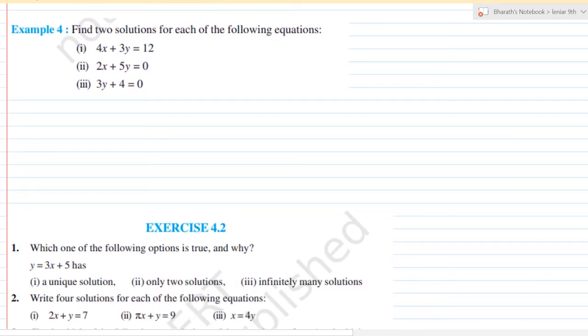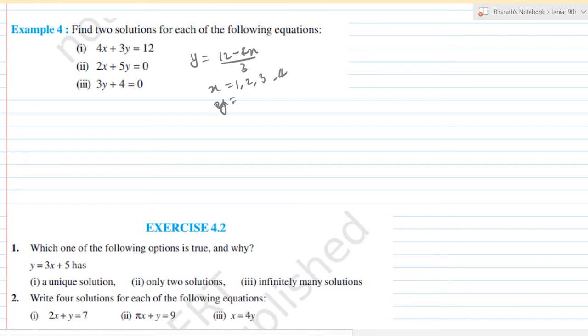Now 4th question, find 2 solutions for each of the equations. Same thing, I'll simplify it for you, and send all other terms to the RHS except y. y is equal to 12 minus 4x divided by 3. Now put the x value as 1, 2, 3, 4 and find the y values.